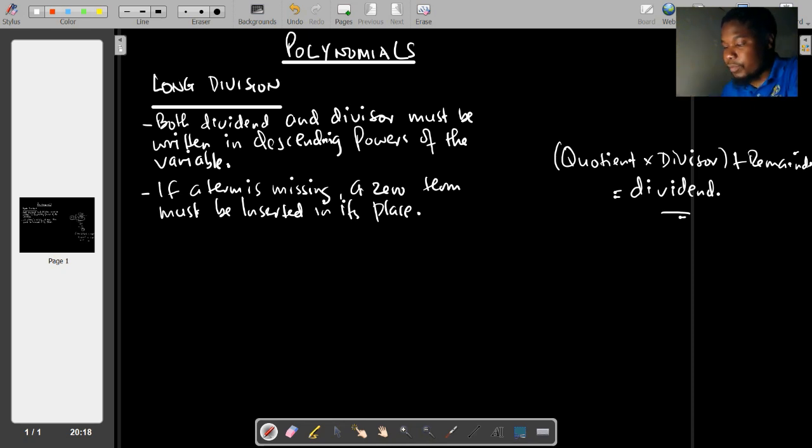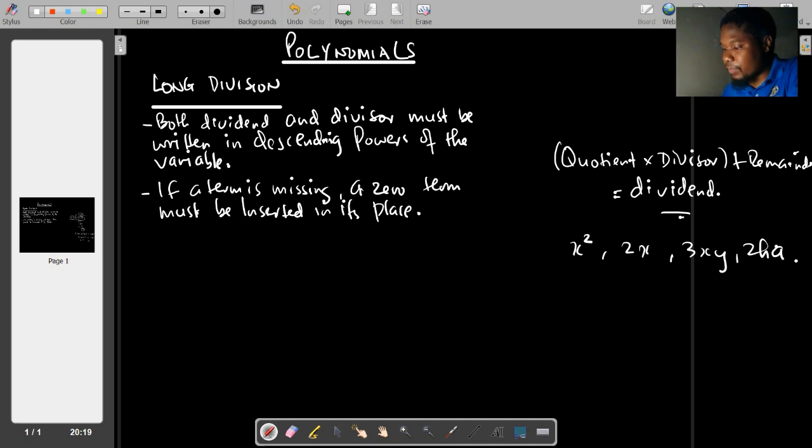Before I look at that, let's make sure that we're on the same page to begin with. What are polynomials? Some of you may be hearing me mention polynomials without really knowing exactly what they are. When you were starting to do algebra, maybe in the later years of primary school, and also Form 1, what you came across were terms like x squared, 2x, 3xy, 2ha, things like that.